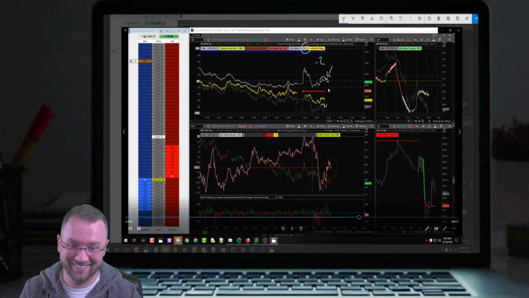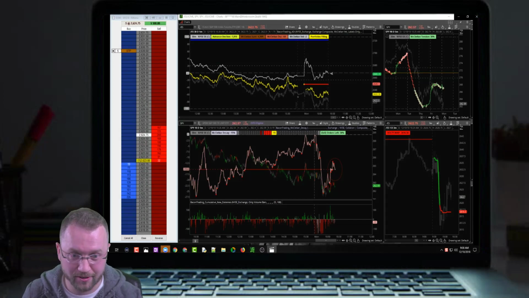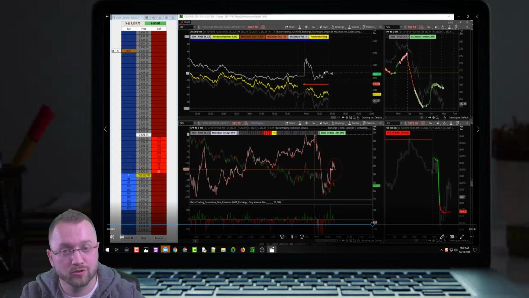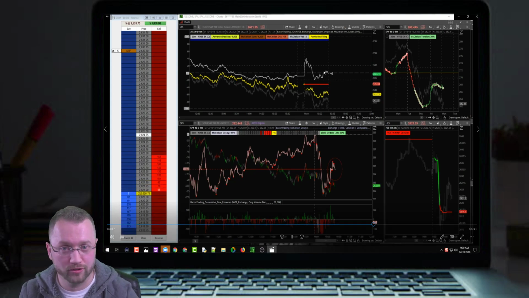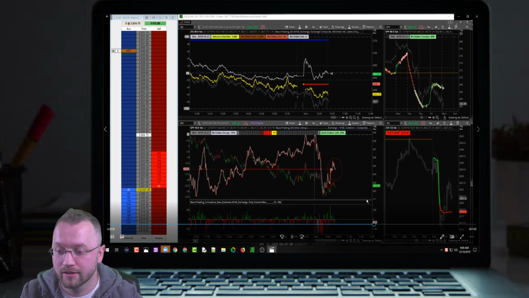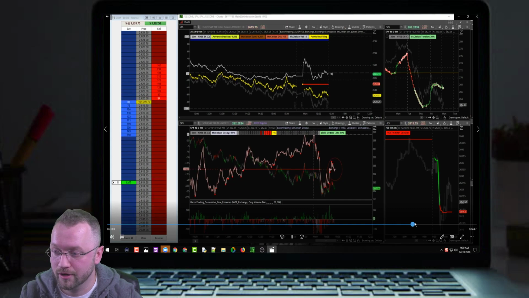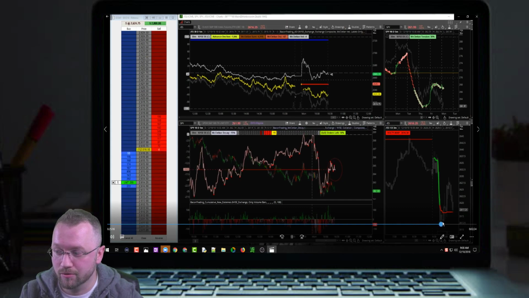So you could see that's what happened here. And as soon as we had that pull back down, I felt a lot more comfortable that the bears had just pulled in a few more longs for liquidity.